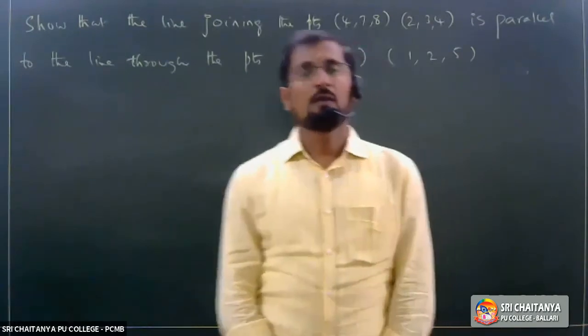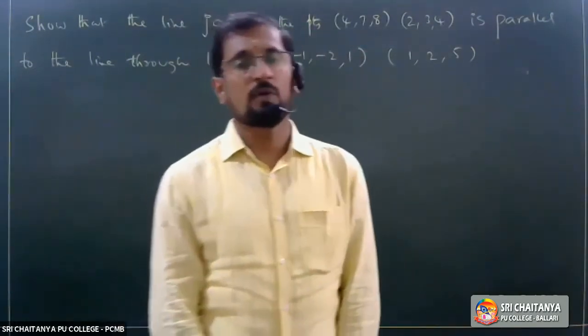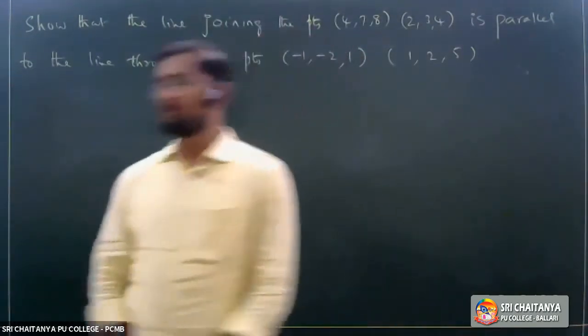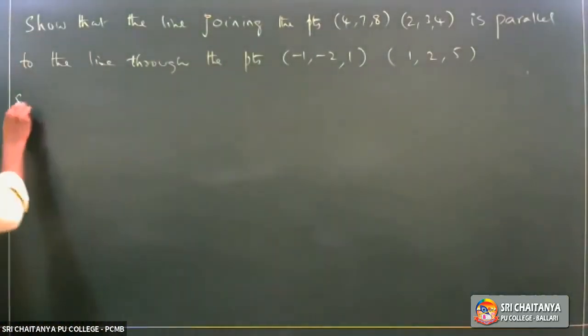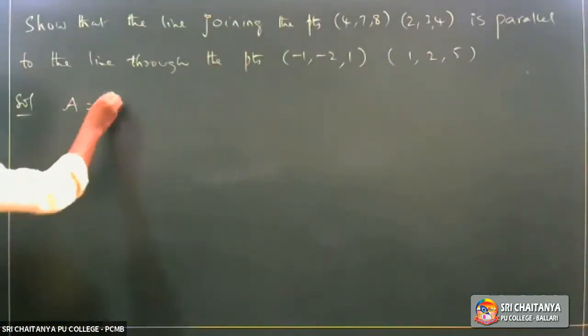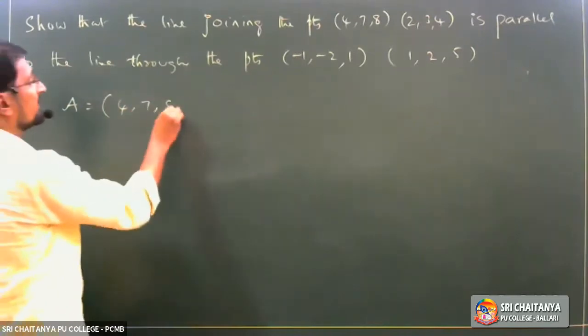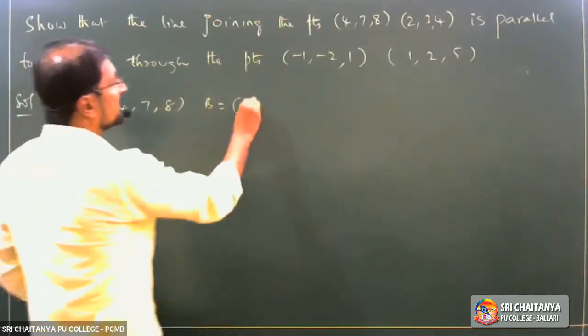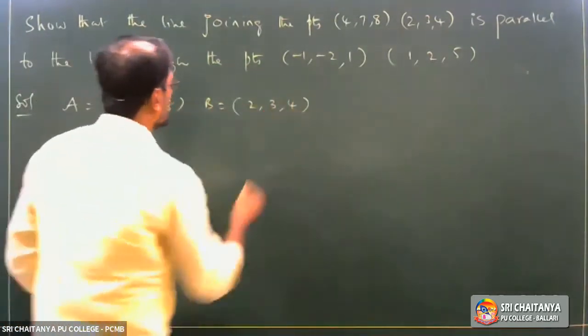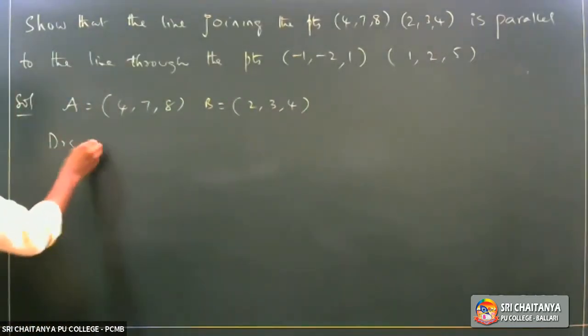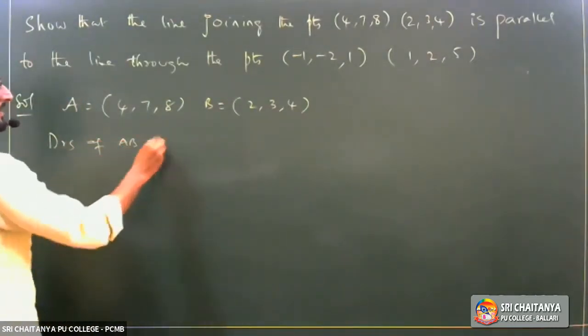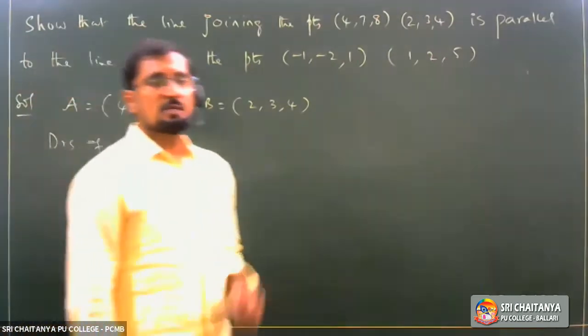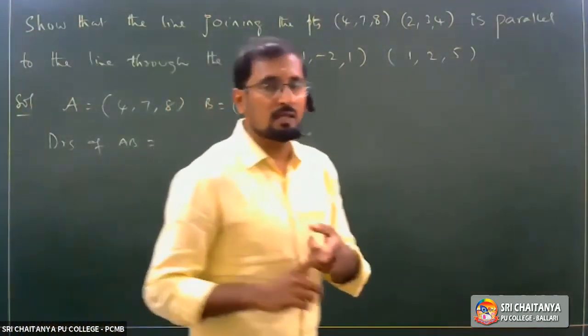Okay, first of all, consider the first point as capital A, that is, let A be (4, 7, 8) and B be (2, 3, 4). Find the DRs of AB, the direction ratios of line AB.